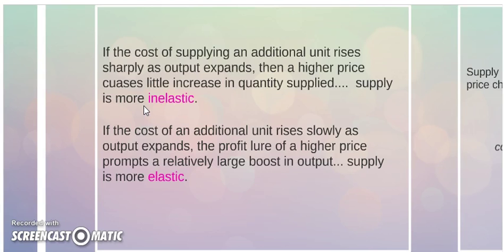The supply is more inelastic. Or, if the cost of an additional unit rises slowly as output expands, the profit lure of a higher price prompts a relatively large boost in output. Therefore, supply is more elastic.